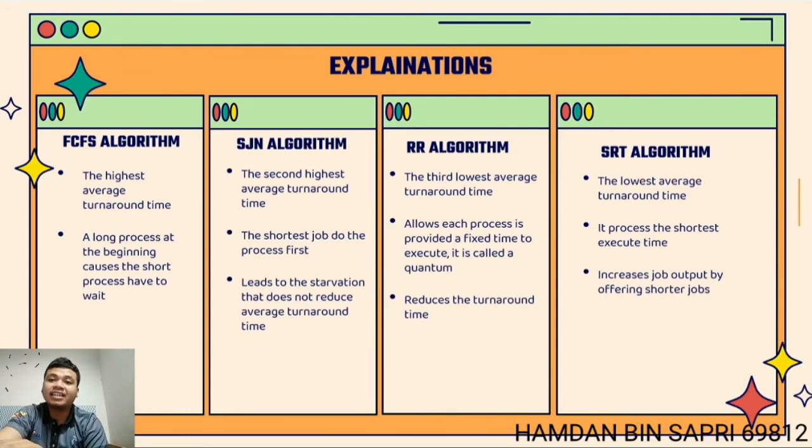Okay, for the second highest, which is shortest job next algorithm, it lets the shortest job do the process first. So the algorithm may cause a long turnaround time and it leads to starvation that does not reduce average turnaround time.